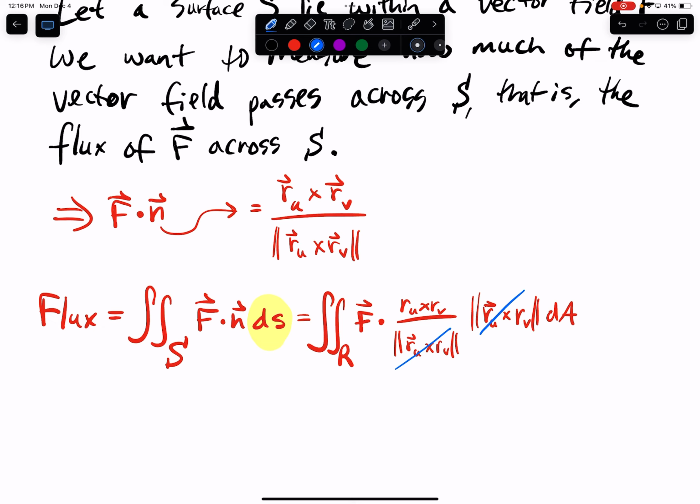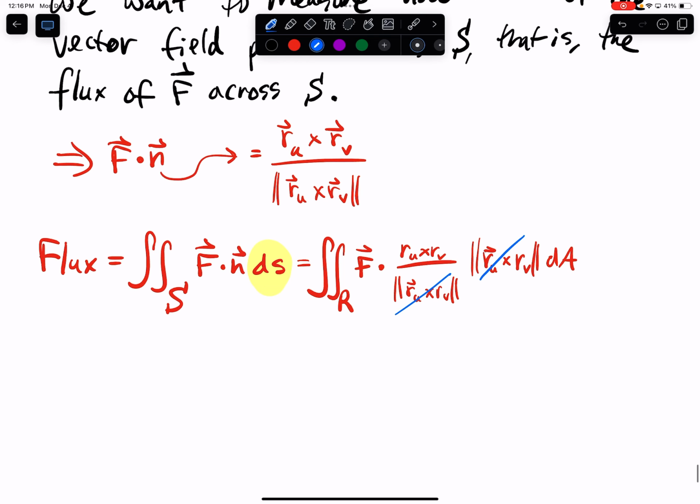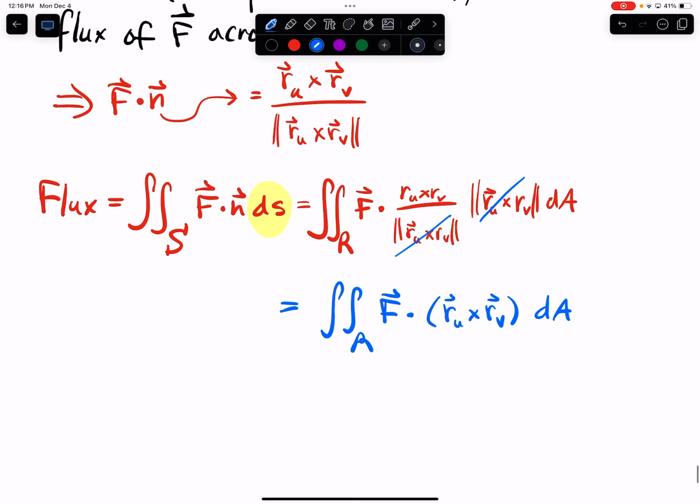That's the cool thing about this little trick. So we get the double integral over the region of F dot ru cross rv dA. It's a lot easier. And this works for S that's orientable, so normal vectors must vary continuously across a surface.